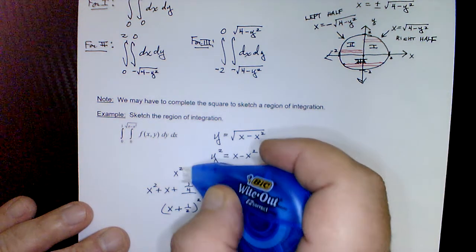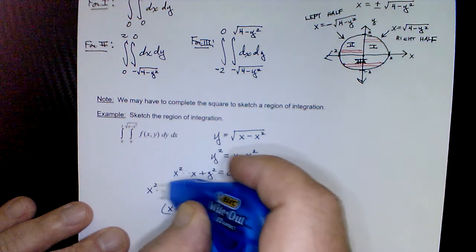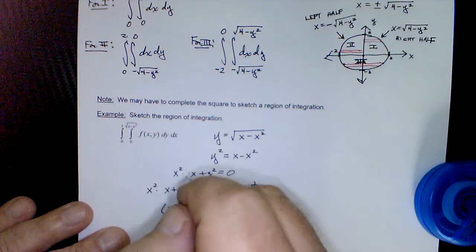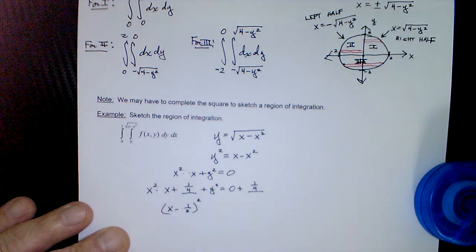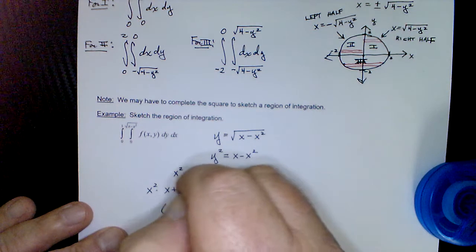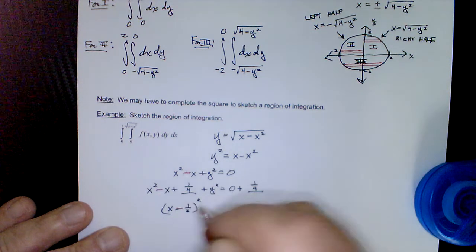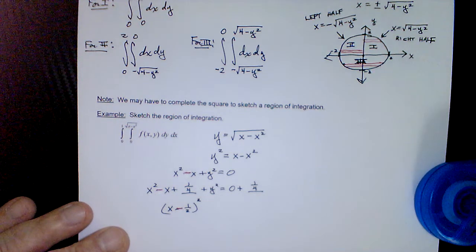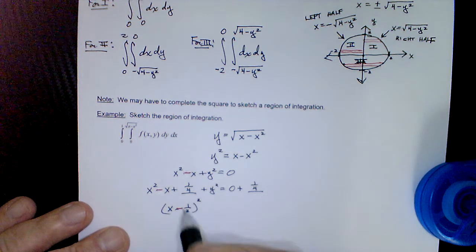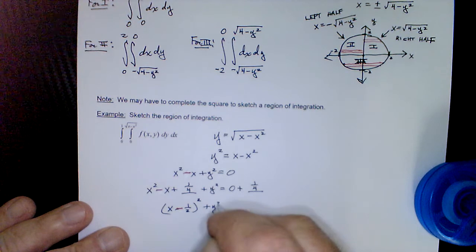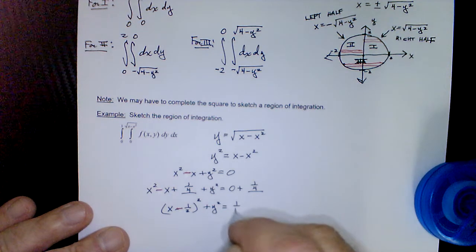This should have been a minus, that would have been a minus, and this would have been a minus. Okay, so that's a minus, and that's a minus. But nothing else changes because squaring a negative is a positive. And then we've got the plus y squared equaling 1/4.